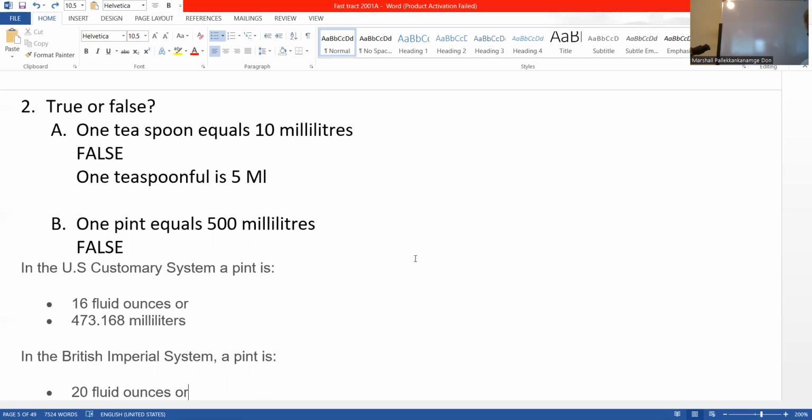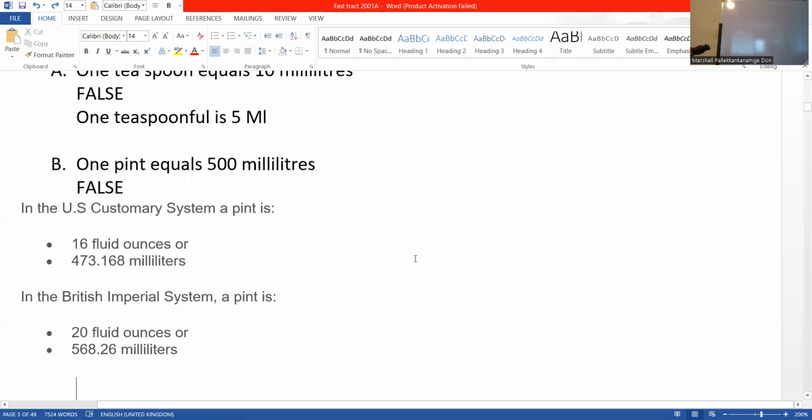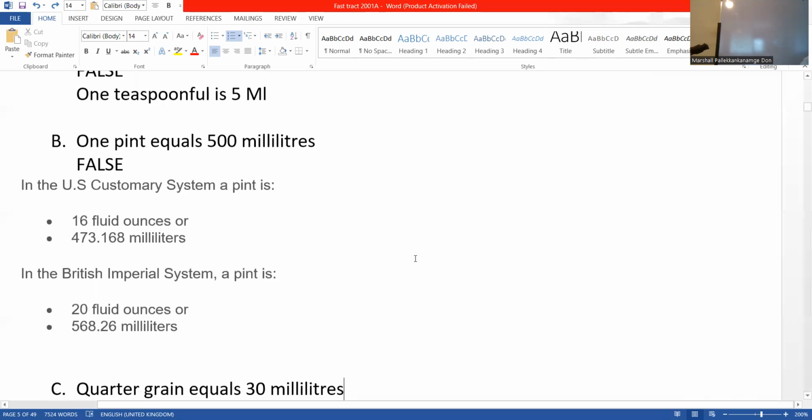It is 473 milliliters. That is in the US. In the British system, it is 568. They are close, but 2 different definitions they use in those 2 countries. Normally, we mostly follow the British system.